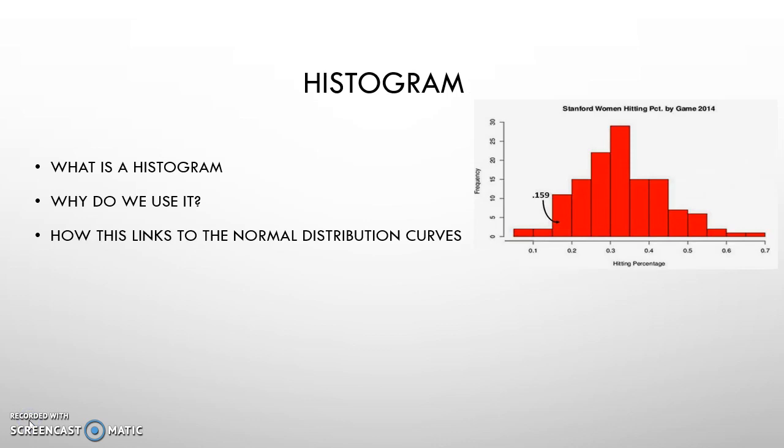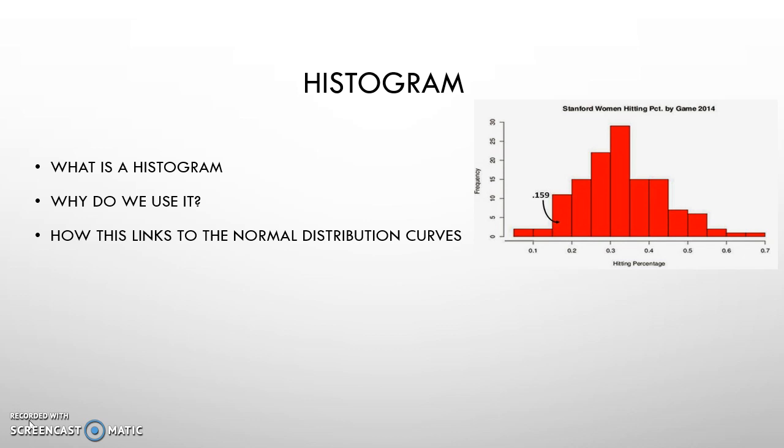So what is a histogram? A histogram is an accurate representation of the normal distribution curve or the distribution of numerical data. As you can see here on the right, the frequency and the hitting percentage of everything. This histogram shows the distribution of the data that you got.